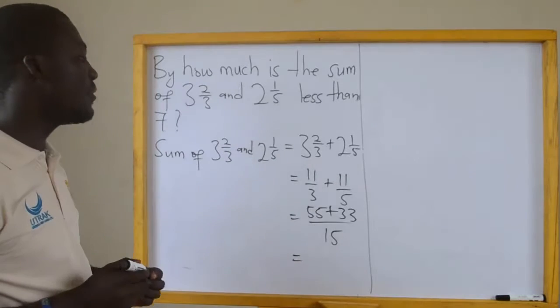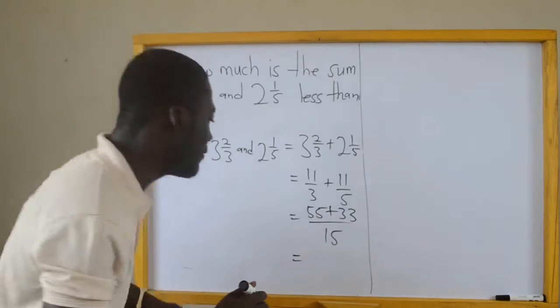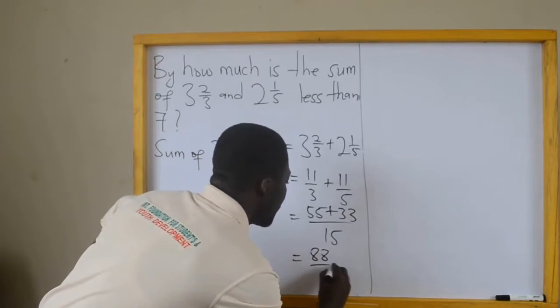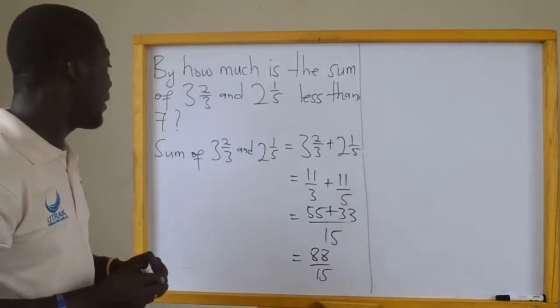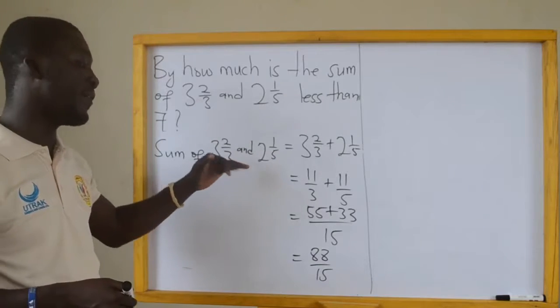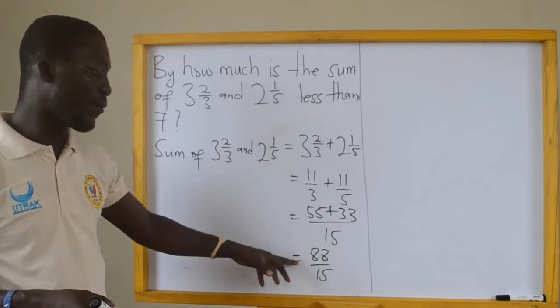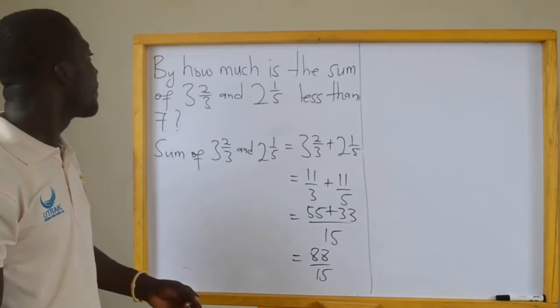And when we add both, we are going to get 88 over 15. So that is the sum of 3 whole number 2 over 3 and 2 whole number 1 over 5. That would be the compact answer.